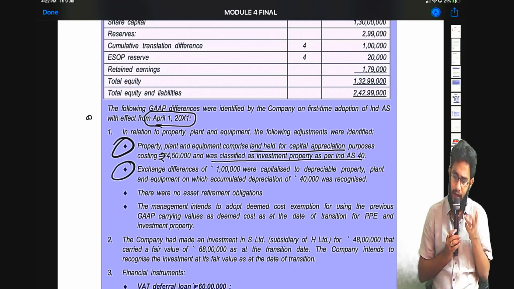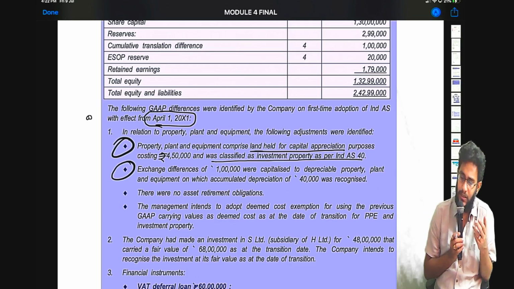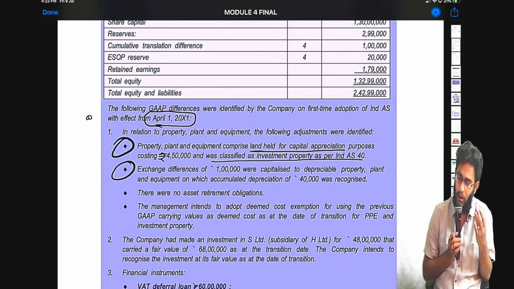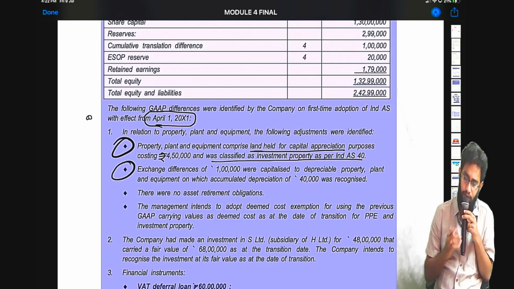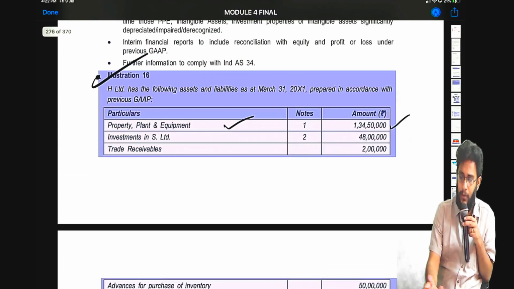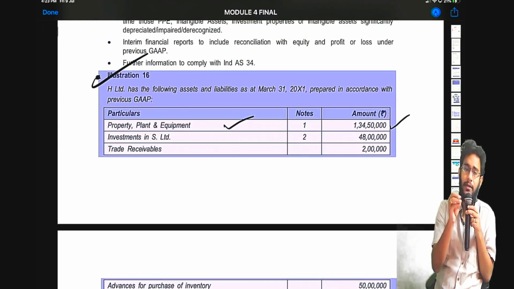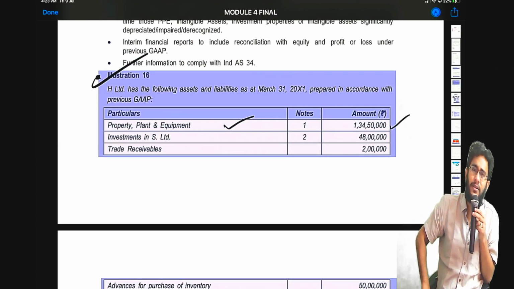Next, exchange differences of rupees 1 lakh were capitalized to depreciable property, plant and equipment, of which a cumulative depreciation of 40,000 was recognized. Means in your 134,50,000 whatever amount is there, in that some PPEs are there, machineries and all, towards which you capitalized exchange losses. Sir, how can we capitalize exchange losses?